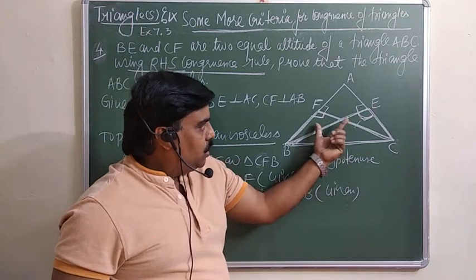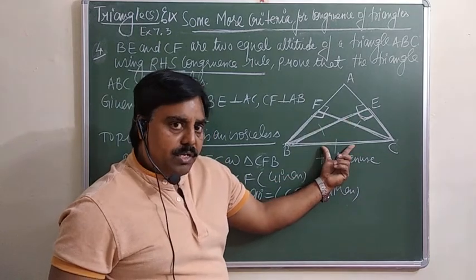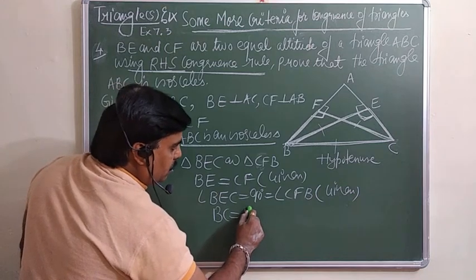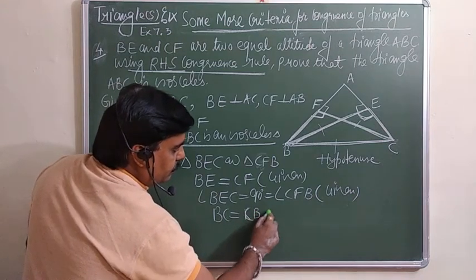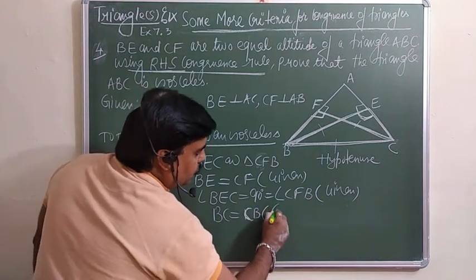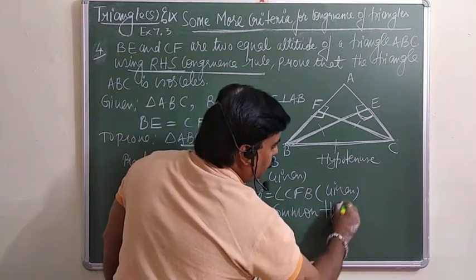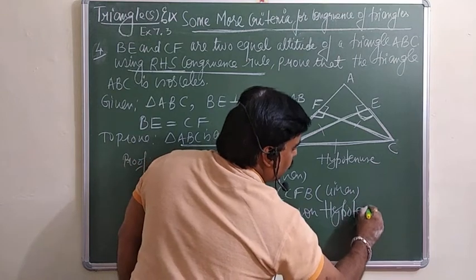And in these two right angle triangles, BC is the hypotenuse which is common. So BC is equal to CB, that is, you can write down here, common hypotenuse.